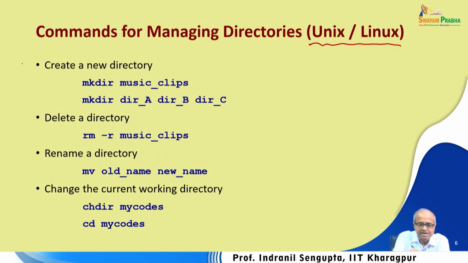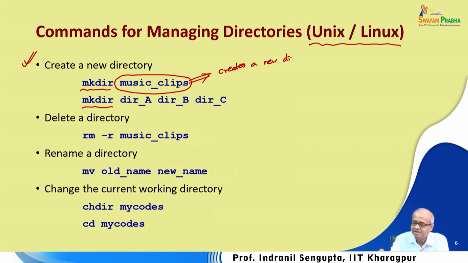So, when you want to create a new directory, a new folder, the command is mkdir, make directory. When you say mkdir some name, it creates a new directory with the name that you have specified under the current working directory.